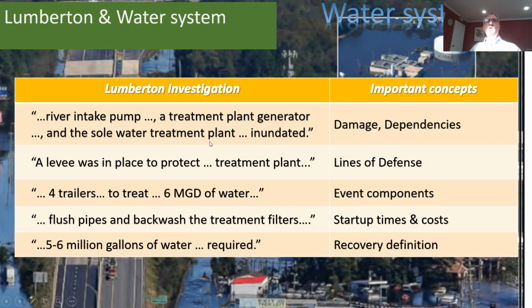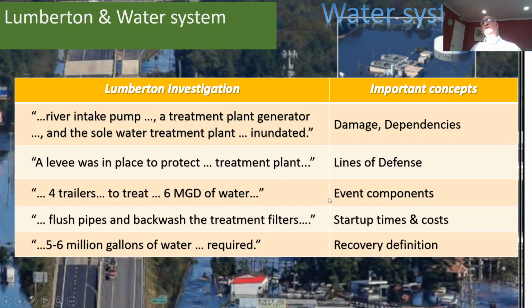For example, in the water system, they lost an intake pump and a treatment plant generator. The water treatment plant was fully, as you can see in the figure, fully inundated. It was interesting too, they had some protections in the community, a levee, of course.